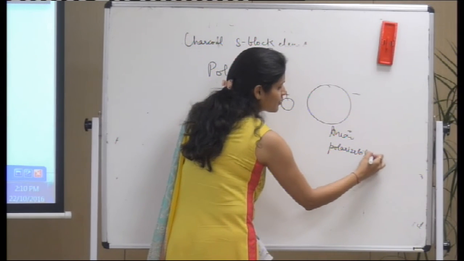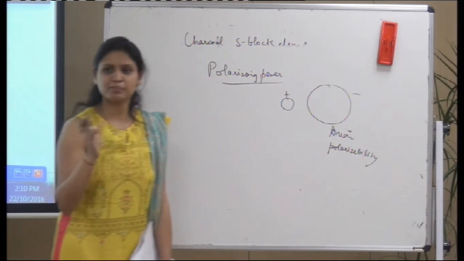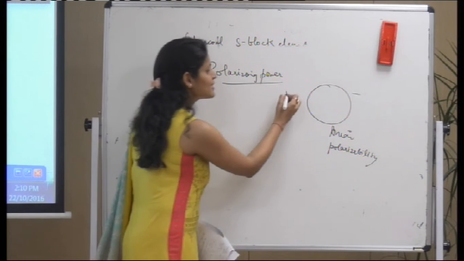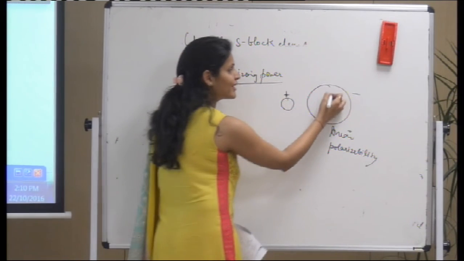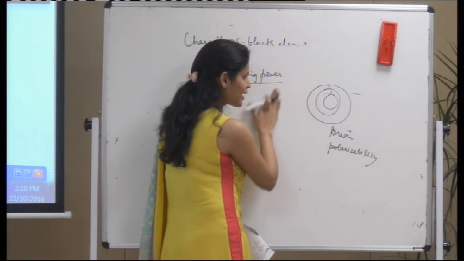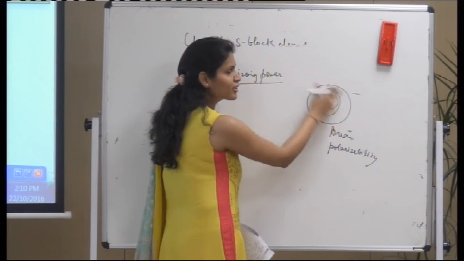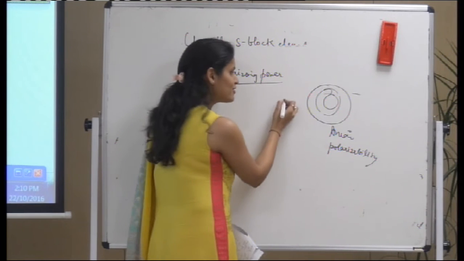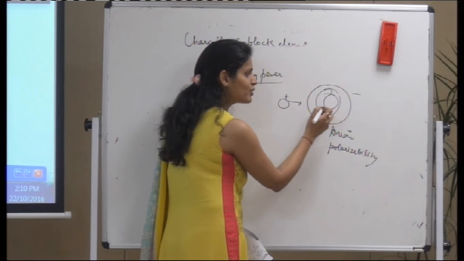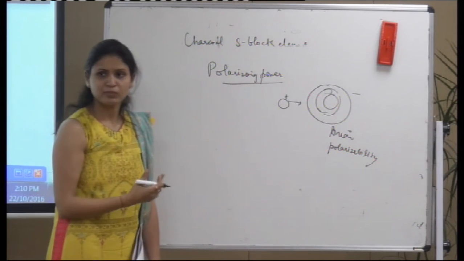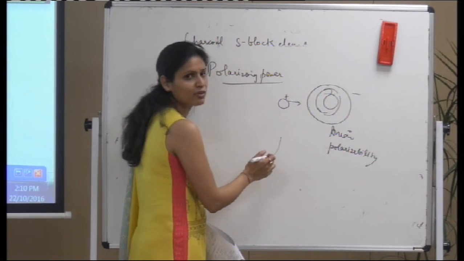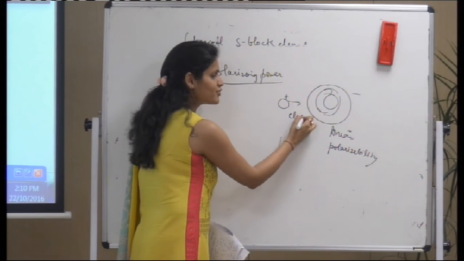Polarizability. Polar means anything which has separation of charges, plus minus. So if this is a cation and this is an anion, it has an electron cloud. If there is no cation, this electron cloud would be uniform. But if some cation approaches this anion, would this electron cloud remain uniform? No, right? It will try to distort this electron cloud through electrostatic forces of attraction.